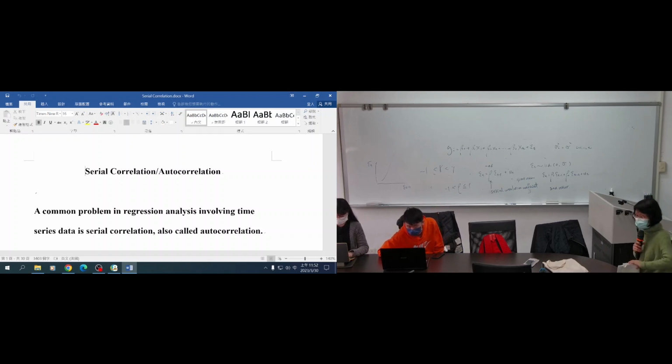Now let's see the negative. Negative, in figure 9.3, looks like a zigzag: positive, negative, positive, negative, which means negative correlation.